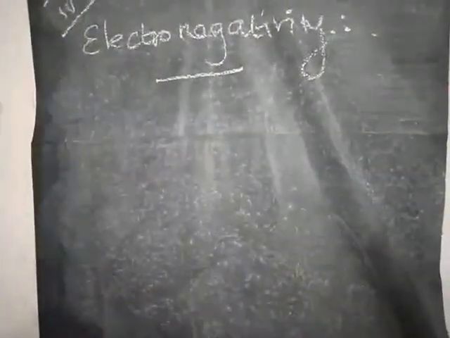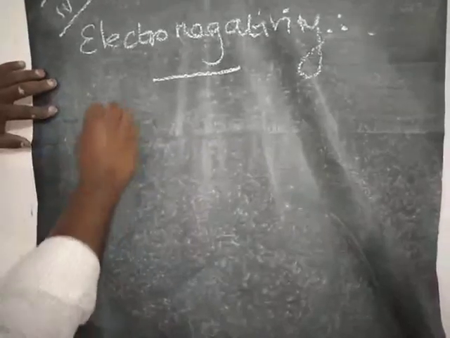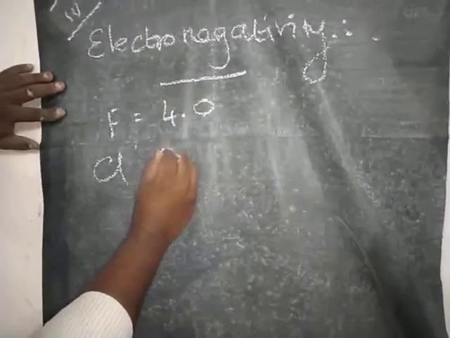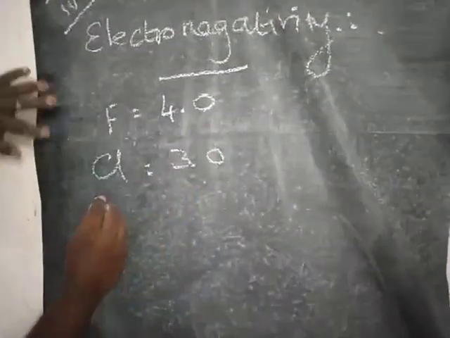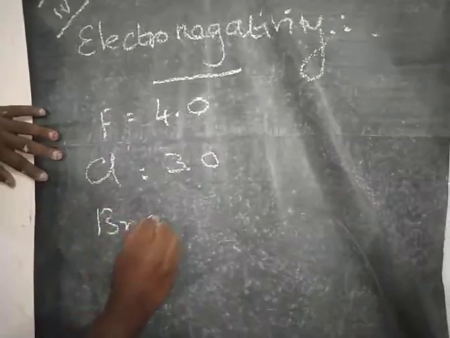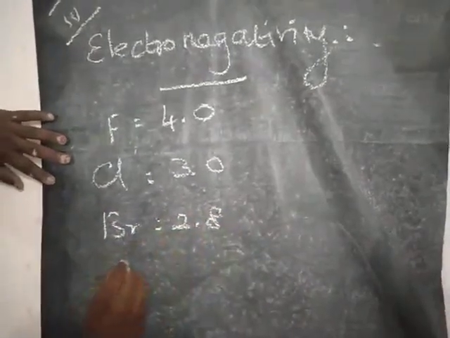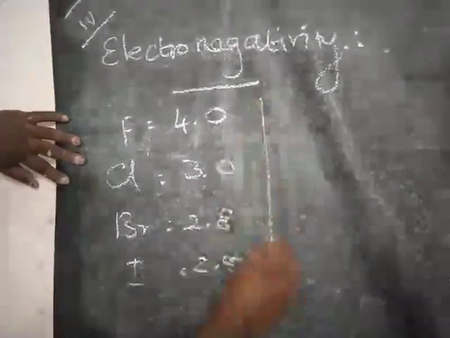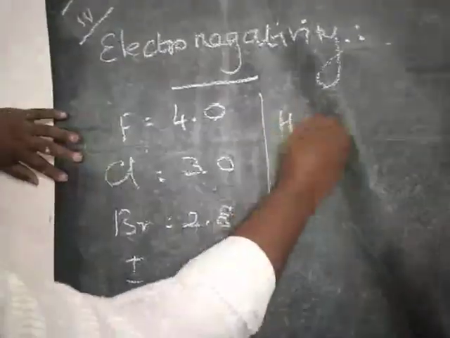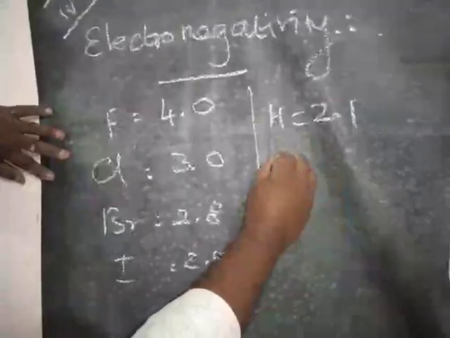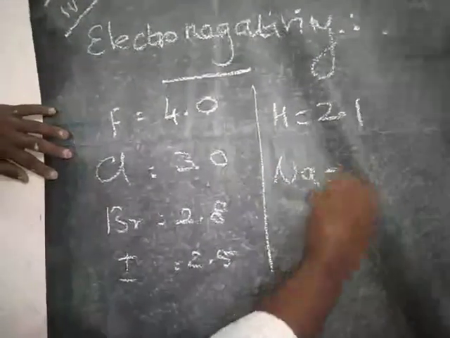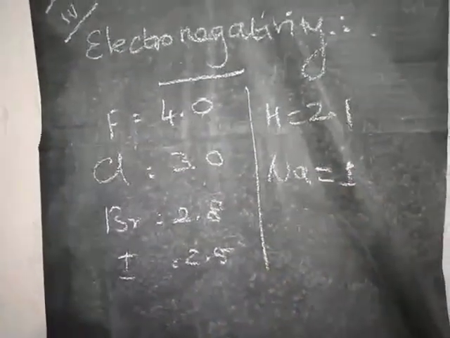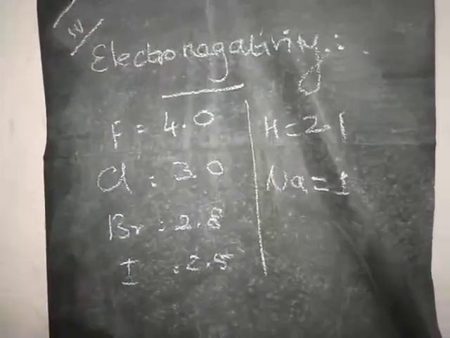For example, fluorine 4.0, chlorine 3.0, bromine 2.8, iodine 2.5, hydrogen 2.1, sodium 1. Based on this we have to find out which type of bond it is.